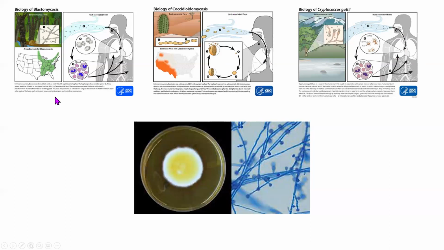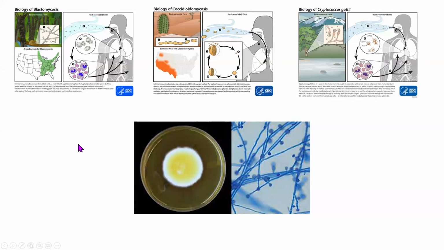And what's really interesting about these organisms, Blastomyces, Coccidioides, and Cryptococcus, is that all of these fungi inhabit the soil. So you can see here, Blastomyces is inhabiting a forest, Coccidioides is inhabiting a desert, and Cryptococcus is also inhabiting a forest.